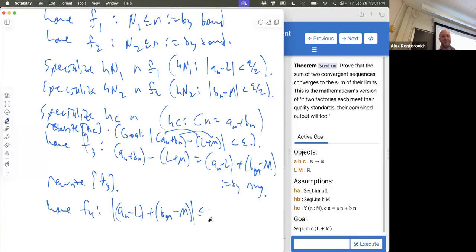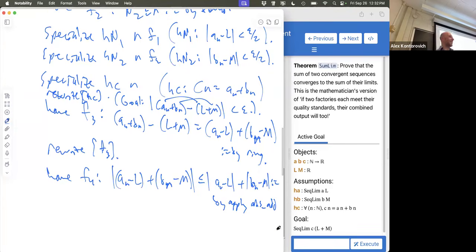Triangle inequality. Okay, that's less than or equal to absolute value of AN minus L plus absolute value of BN minus M. Why? When you take the absolute value of things and then you add on the inside, that's the triangle inequality.